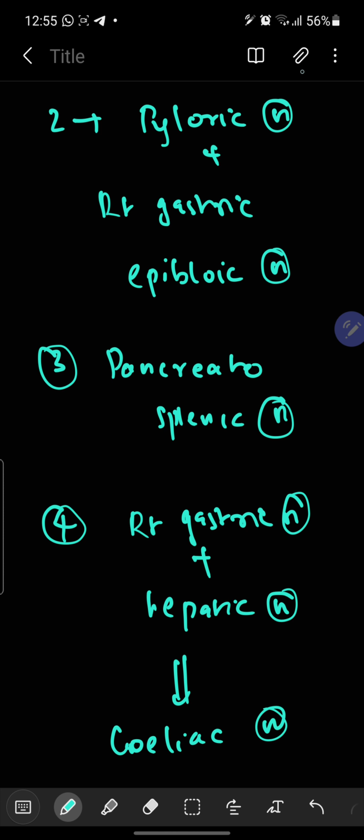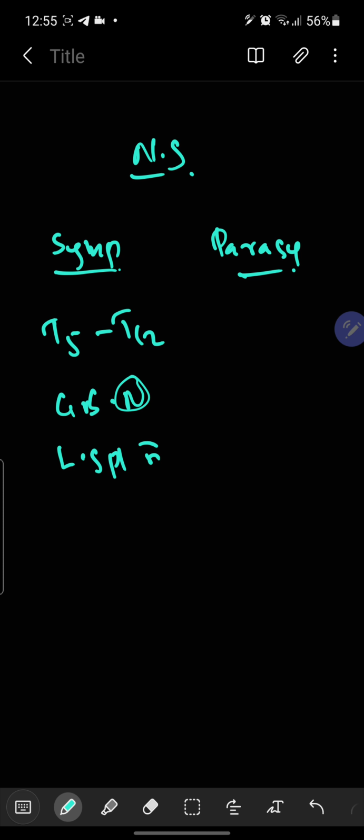Now coming on to the nerve supply, we are having sympathetic as well as parasympathetic nerve supply. The sympathetic part supplies from T5 to T12, which include greater splanchnic nerve, lesser splanchnic nerve, and least splanchnic nerve.